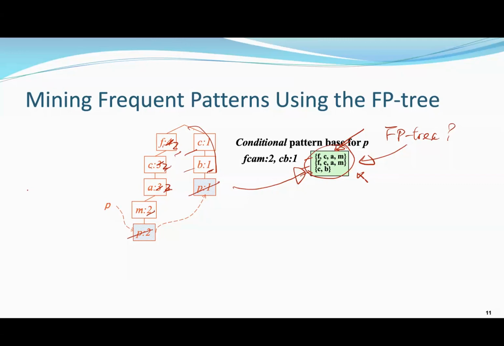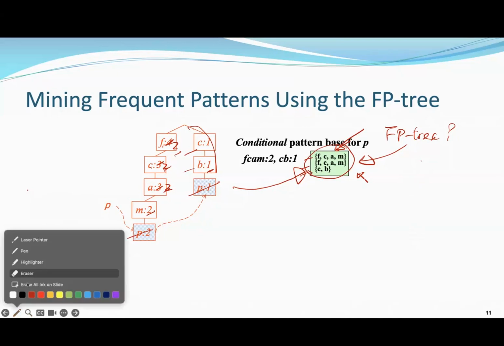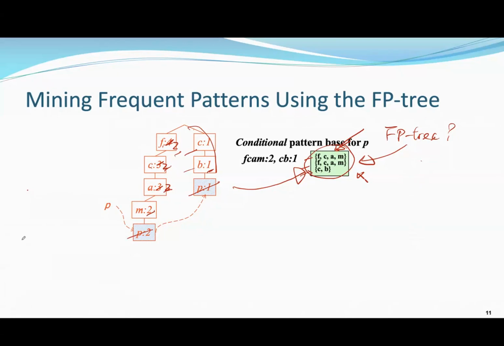Okay, the first transaction is FCAM. So we have F. Actually, I should do it this way. If you can still remember, to build the FP tree, we go through the 3 steps, right? The first step is to remove the non-frequent items. Remember in this example, we require a minimum support count of 3 in order to consider something to be frequent.